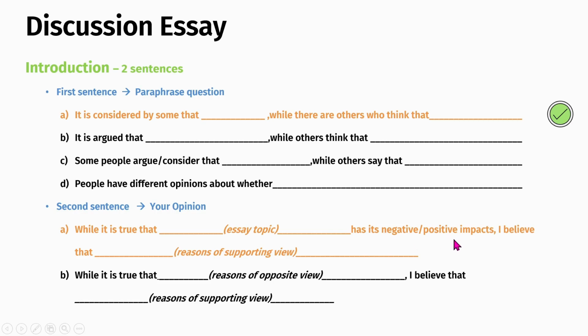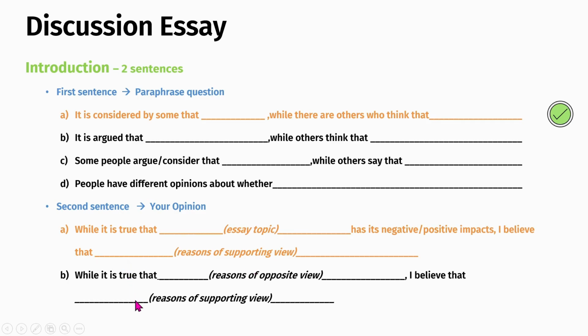Don't jot down both negative slash positive, either negative or positive. I believe that. Then what do you believe? Which argument you have selected, and say the reasons. I believe that, and the reasons here.